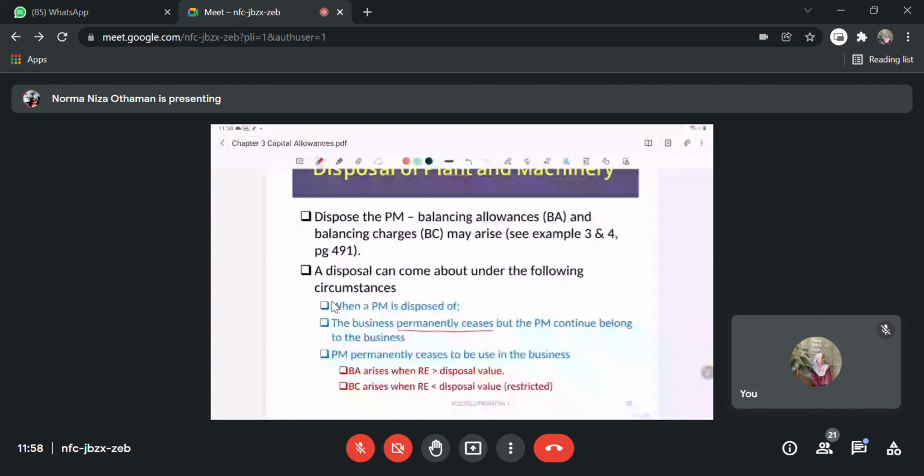Okay, so dekat sini you akan jumpa lagi terms baru which is BA atau BC. Okay, apa itu BA? BA adalah balancing allowance. First time dengar ni kan? Betul. BC adalah balancing charge.